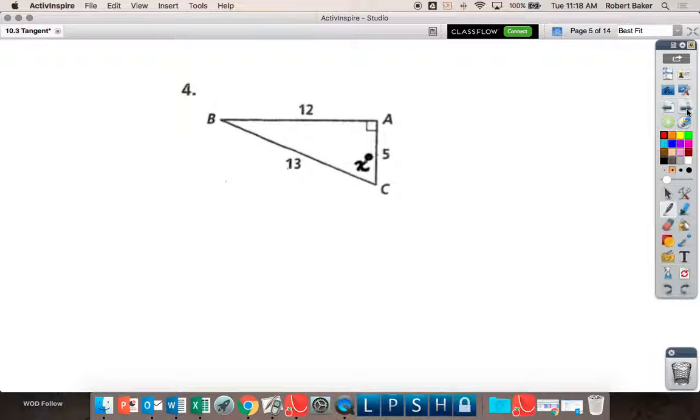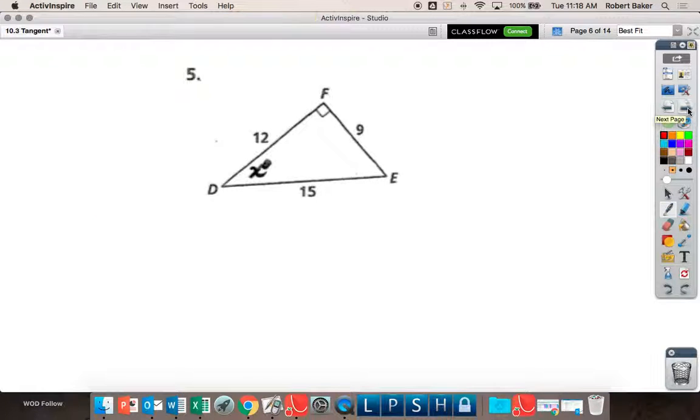X. So I'm going to write the tangent of X, because I want to solve for X, is equal to what ratio? Boom, and we're done. That's setting up tangent. Any questions on why I did it that way? No? Okay.